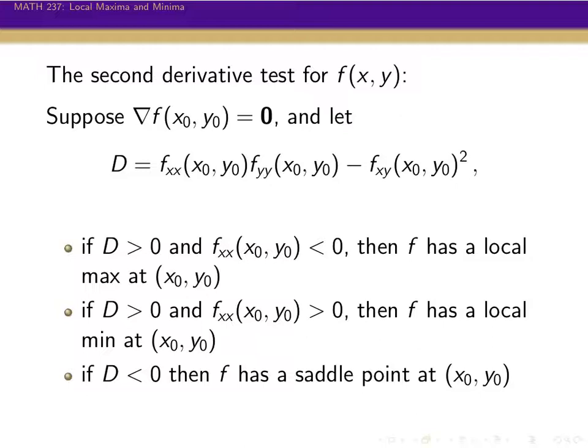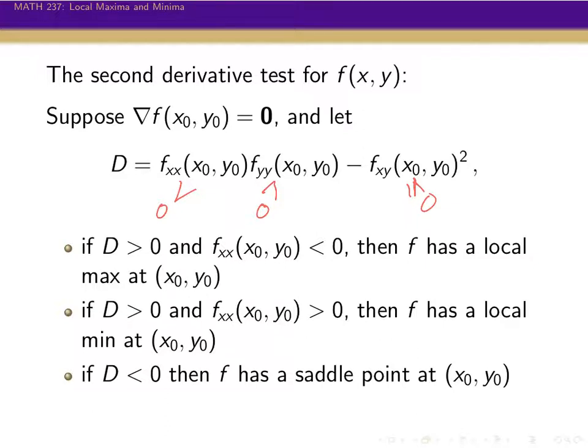Okay. And so how can this d be negative? Well, one way that this d could be negative, so this part is always going to be less than or equal to 0. And so one way that this could be negative is if, say, f of xx was positive, but f of yy was negative. So everything in here was negative, right?